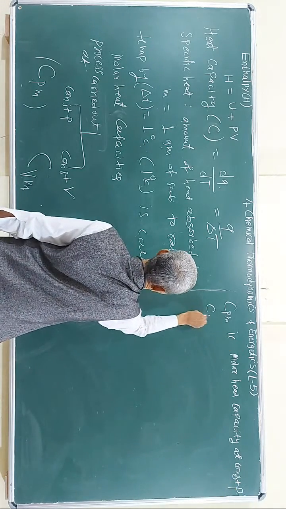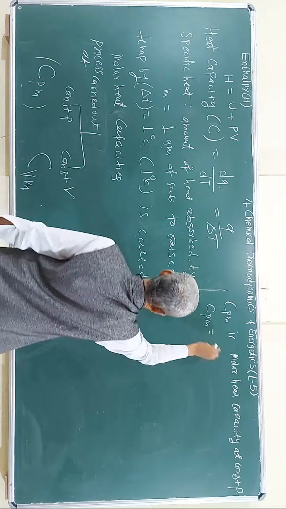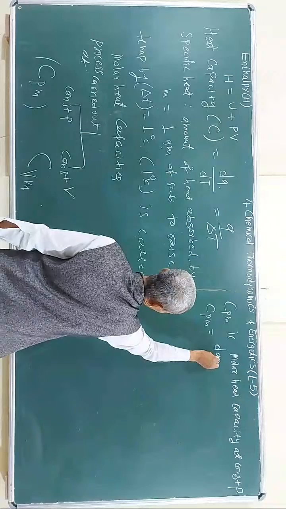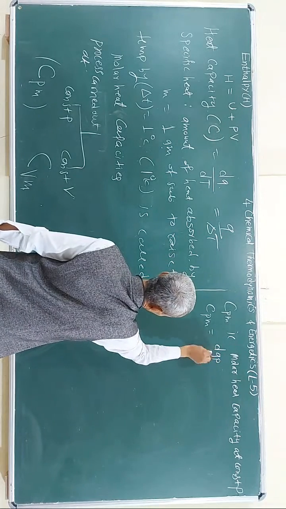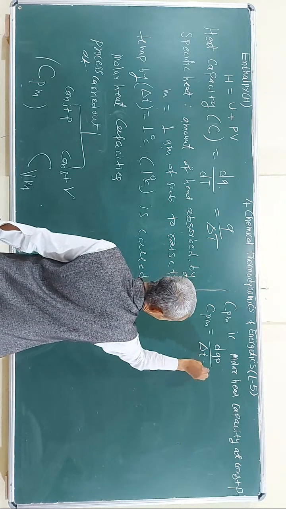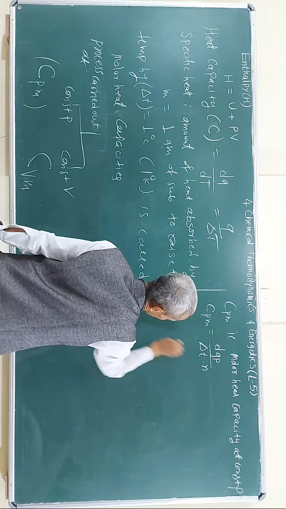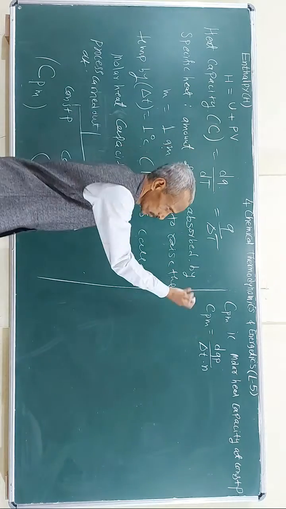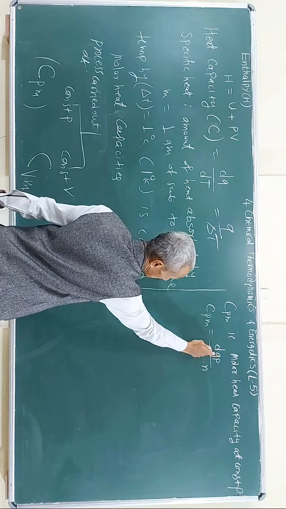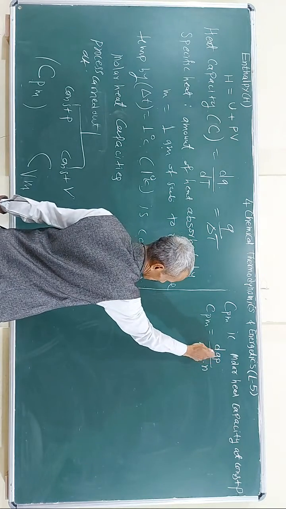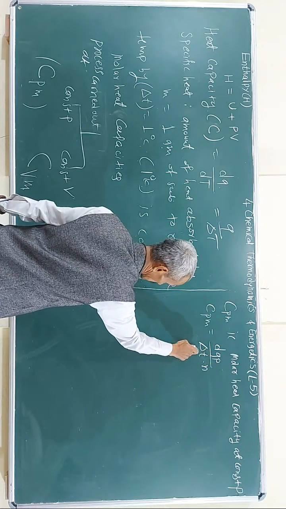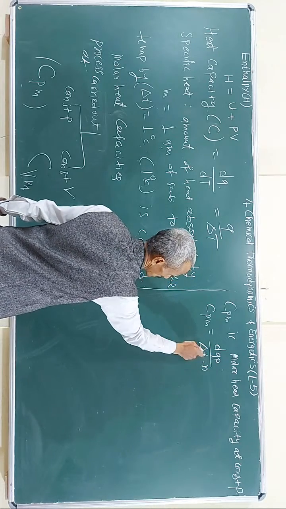By definition, it is the amount of heat absorbed at constant pressure to raise the temperature by 1 degree Celsius for n moles. If n is equal to 1, it is for one mole, otherwise it can be divided. So it is the amount of heat absorbed by the substance at constant pressure to raise the temperature, whatever the temperature increase may be.